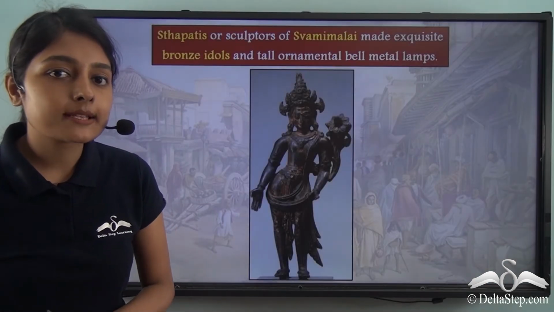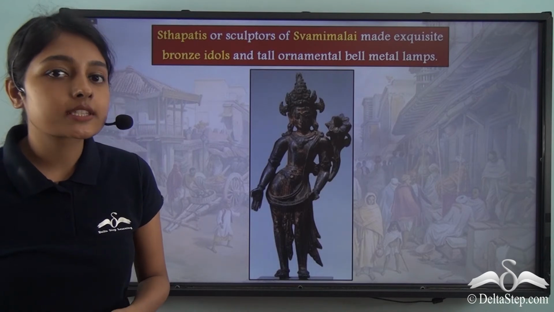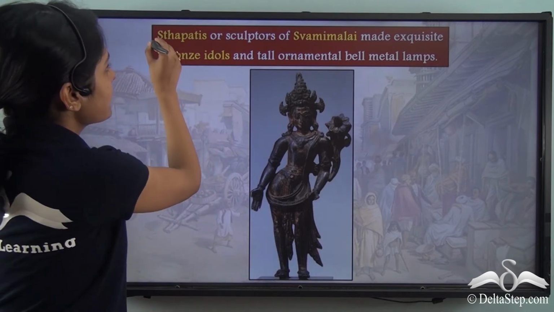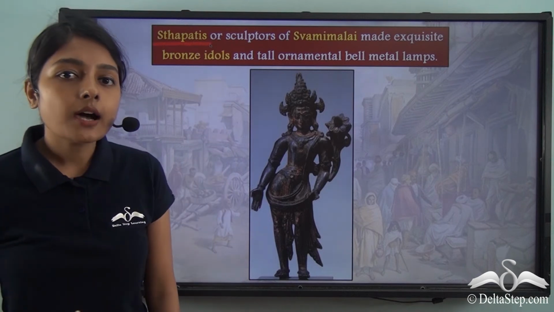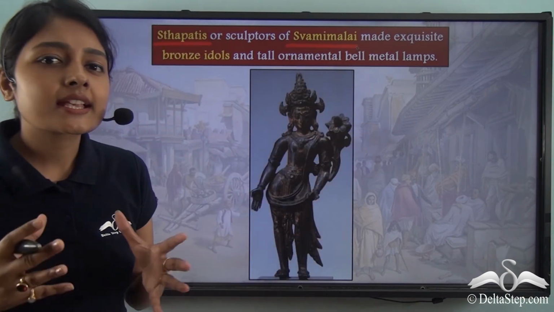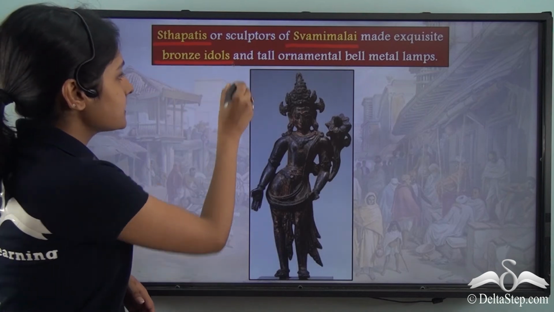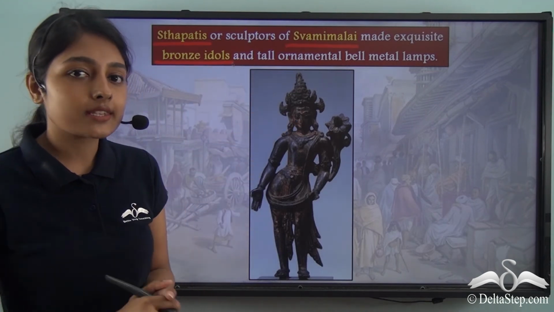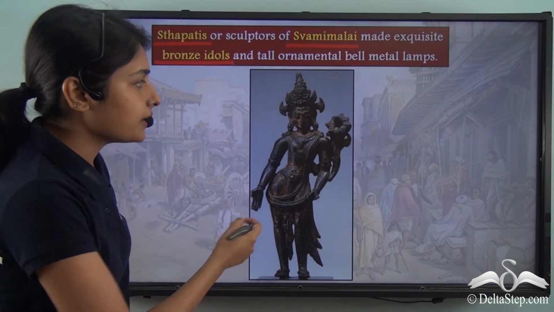Because Swamimalai is a place where many sculptors used to reside, and the sculptors were also known as Sthapatis. The Sthapatis, or the sculptors of Swamimalai, made exquisite bronze idols, and one such bronze idol you can see here on this image. Isn't it very beautiful?